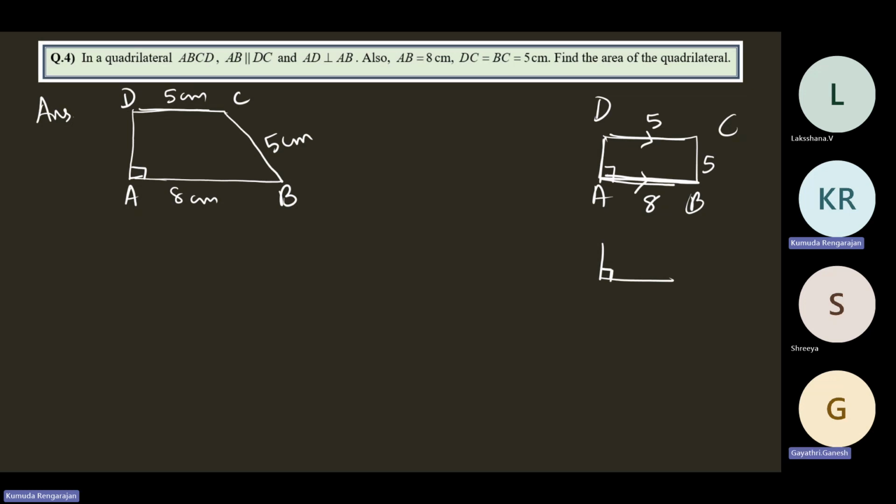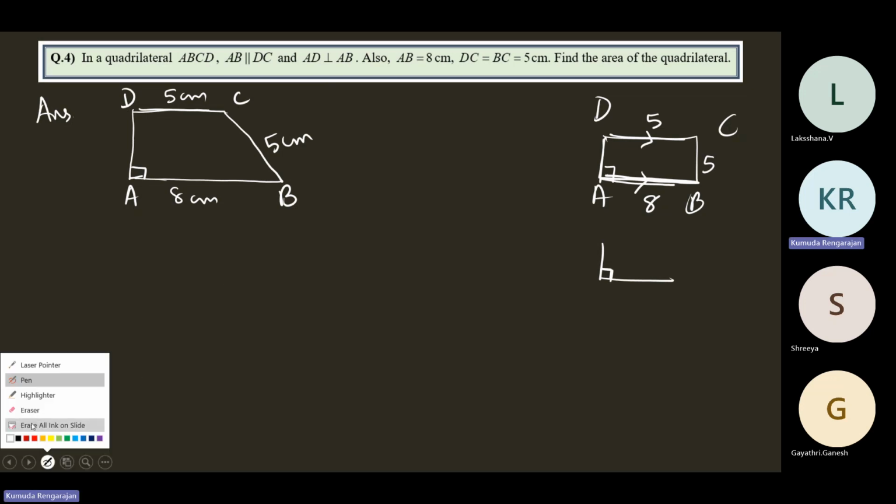That is your skill. I cannot hold all this information in my mind and visualize the figure directly. So I take the help of this figure and I make this.